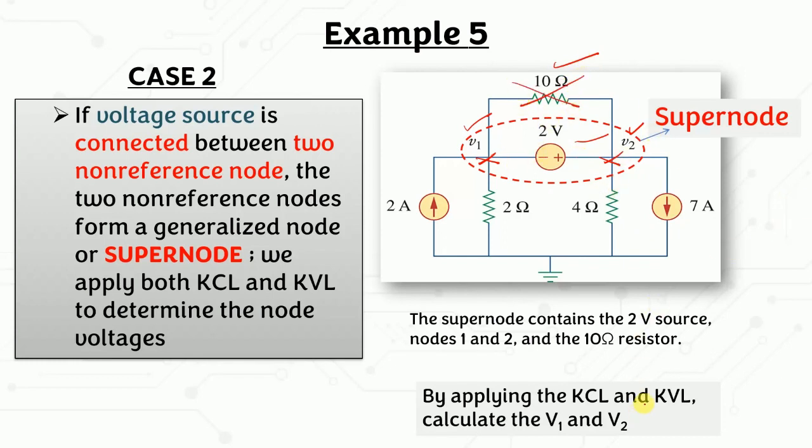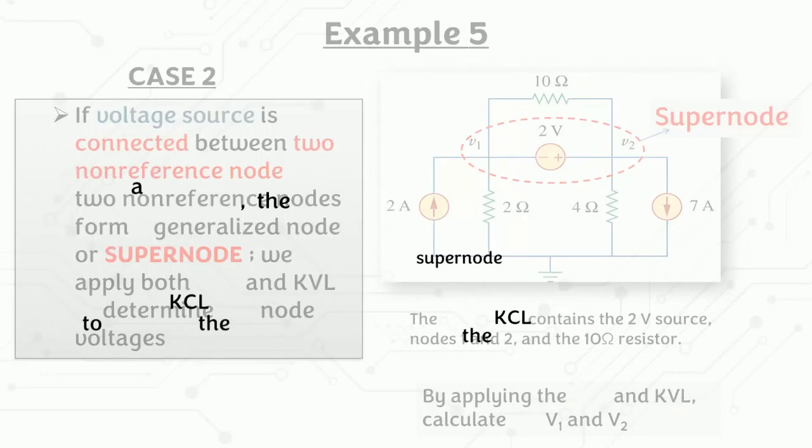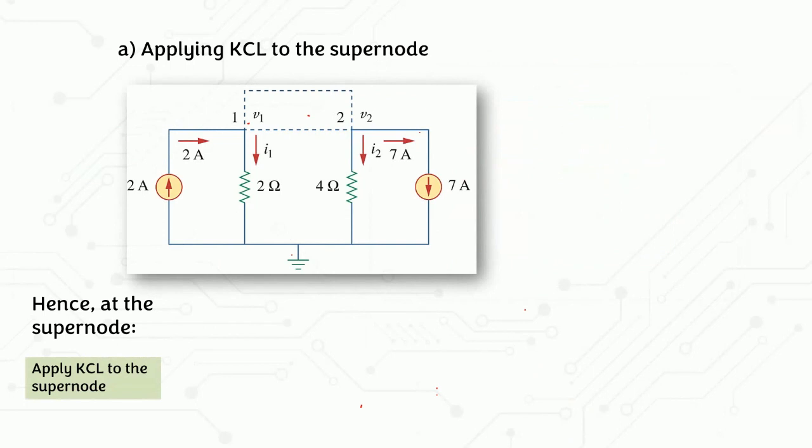For the supernode case, we need to apply both KCL and KVL to calculate the values of V1 and V2. When we apply KCL to the supernode, this is our supernode, so we need two equations in order to find V1 and V2.